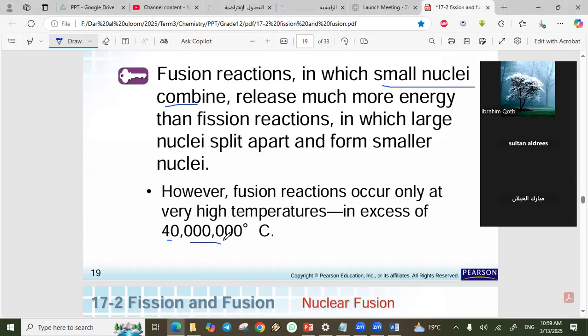Imagine, guys, it's a very high temperature and it's impossible to provide it. To provide this energy on Earth, you need an atomic bomb. The atomic bomb can give you this heat to start a new reaction.